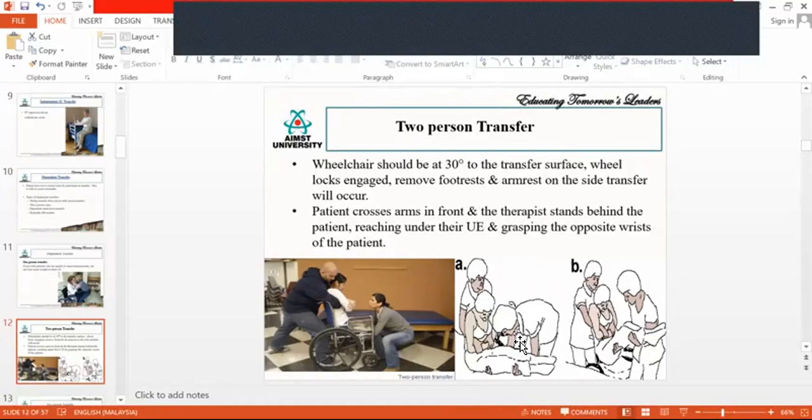By that time the patient will not have balance and he might fall off the cot. Because the patient is a neurological patient, he will not have the balance or stability to stabilize himself. So you need to make sure that in the second position the patient is safely positioned. Then only you turn and move out to the wheelchair.